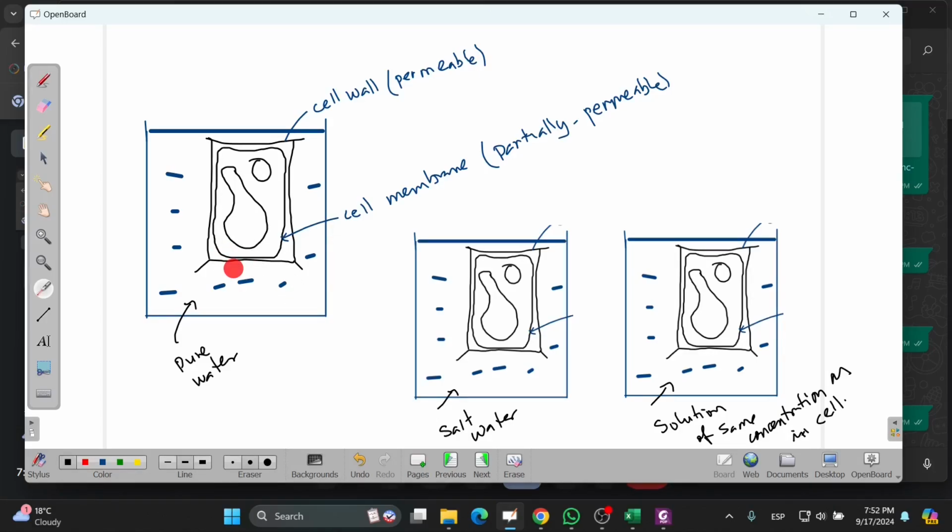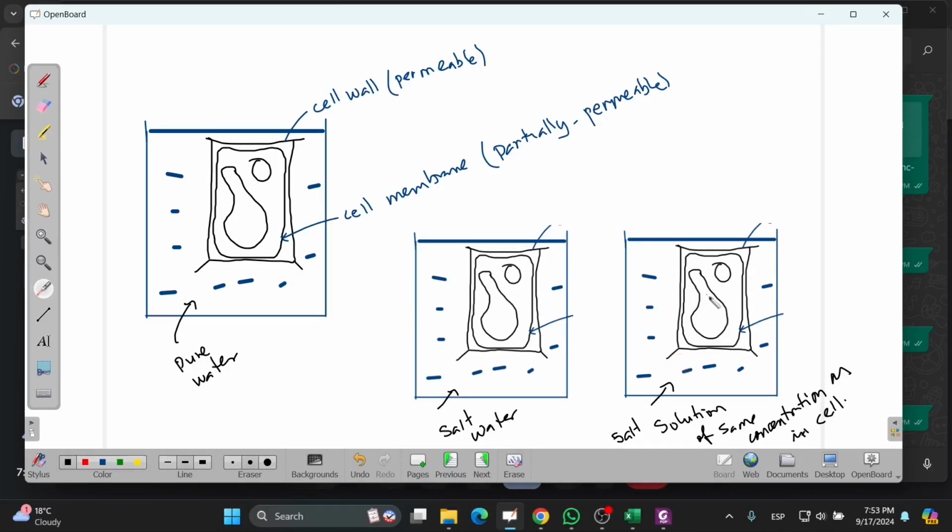Same as before, right? You see, since the cell wall is permeable, water will go in. Here, salt will go in through the cell wall, and water also. Salt and water will go through the cell wall. Right? Whatever solution is here, so maybe here we can say salt solution, but not thicker than inside like here, right?